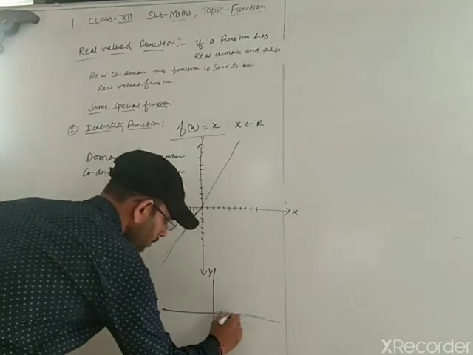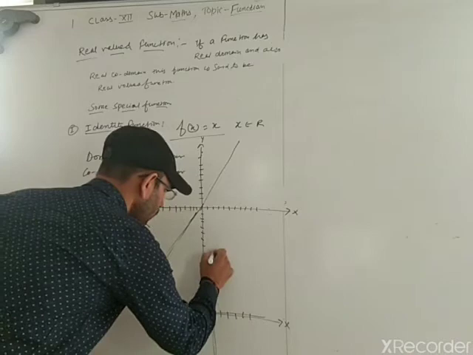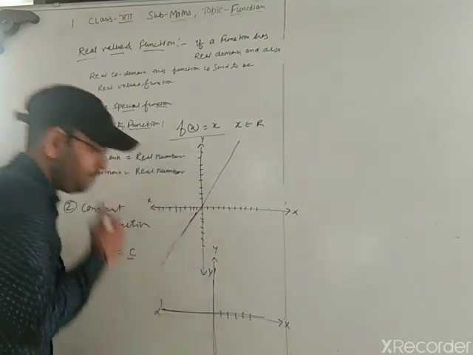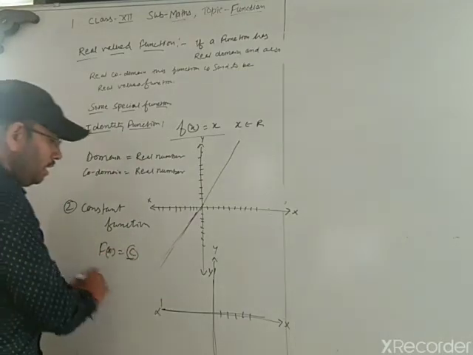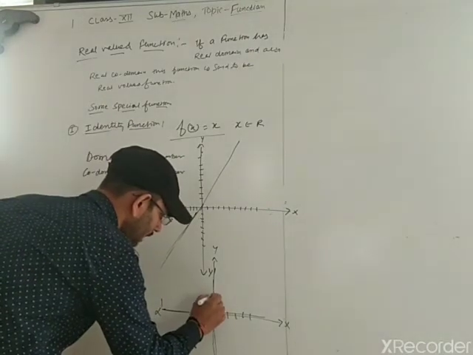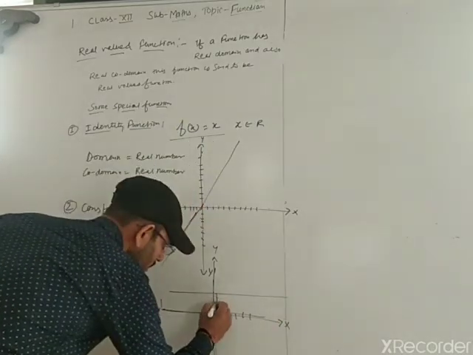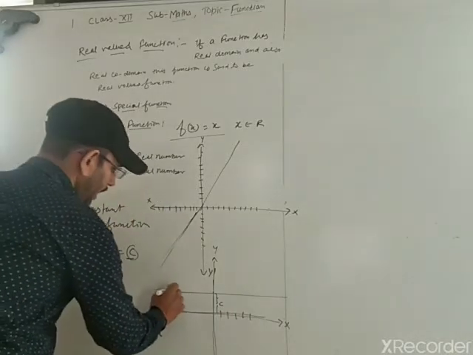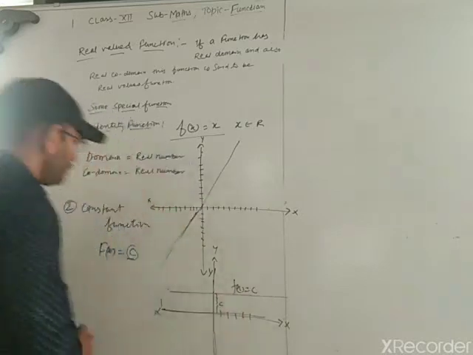So this is x, y, x dash, y dash. We get a constant answer, so we can mark it and draw a line. This distance is c, and the function is f(x) = c.